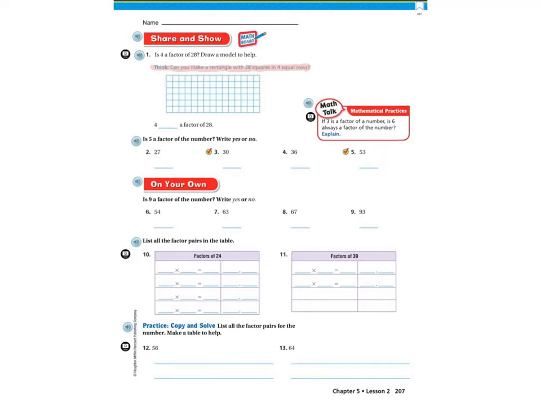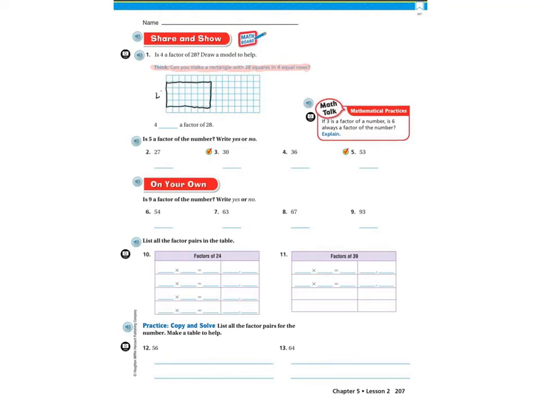So if I have 4 rows, let's do this. 1, 2, 3, 4. Now, if we said 4 times 7 is 28, well, now we just need to write rows of 7. 1, 2, 3, 4, 5, 6, 7. And let's see what we have.